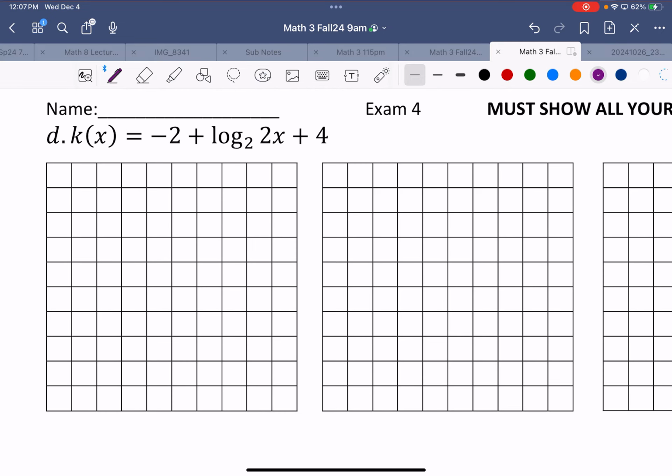For this one, I was supposed to put a parentheses around that one. Because if not, it would look like that. 4 adds with this -2. But remember, this is a logarithm with a base of 2.